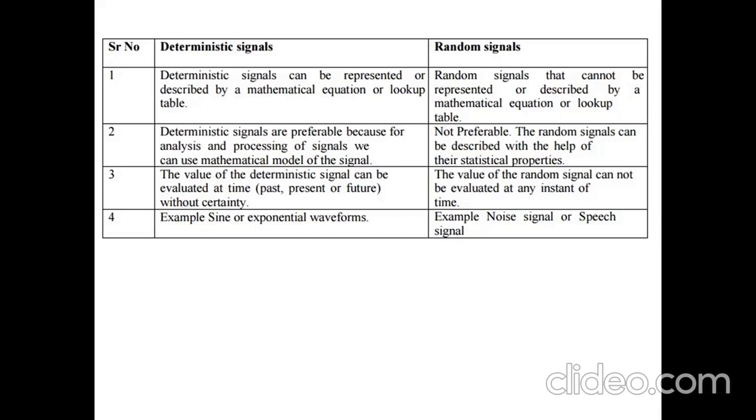Examples of deterministic signals are sine, cosine and exponent waveforms. Random signals are generally noise or space signals.